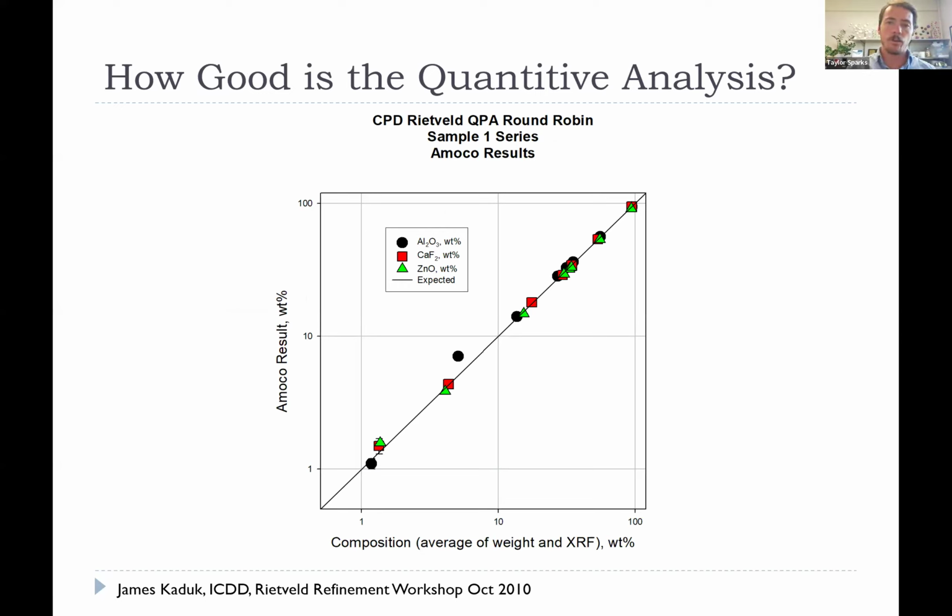And without telling them what the actual fraction was, they said, you do the Rietveld refinement on these and report back to us with the best accuracy that you can achieve what you think the correct weight fraction is. And here what you see is what the actual result was and what the refined result was from the different approaches. And you can see that it's pretty good. People were able to pretty accurately calculate these values.